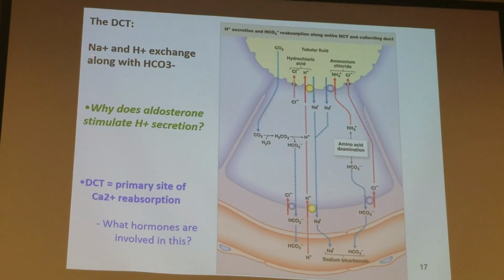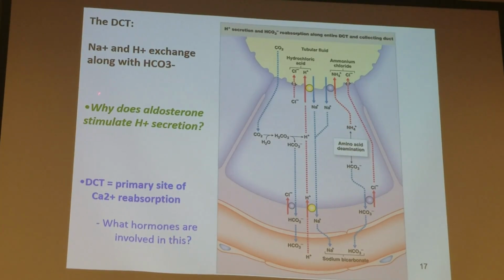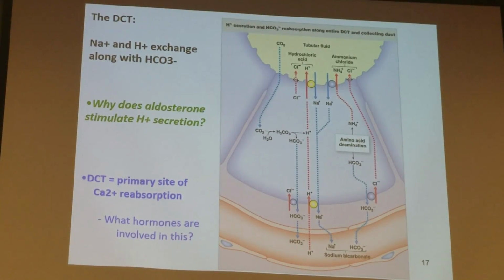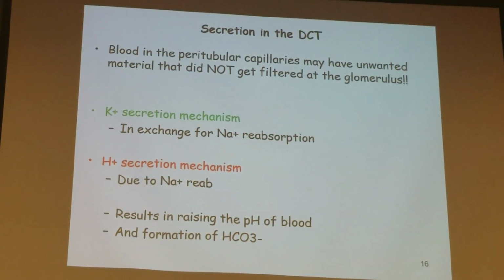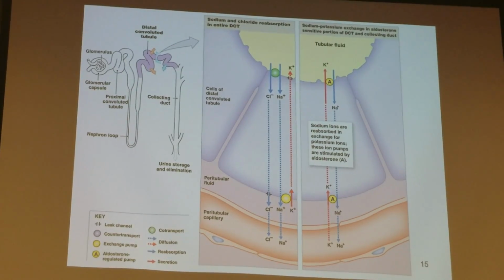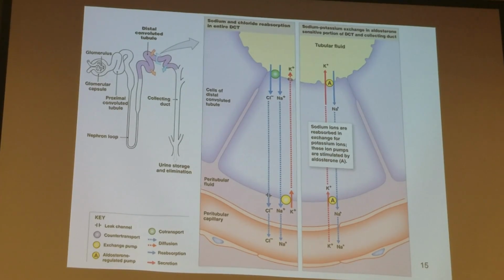Now I want to go back to this idea. Right? Sodium hydrogen exchange. Why does aldosterone stimulate hydrogen ion secretion? When we go back to what aldosterone does, I already mentioned this to the first lab group. If I asked you on page 3 of your quiz, what is the function of aldosterone?